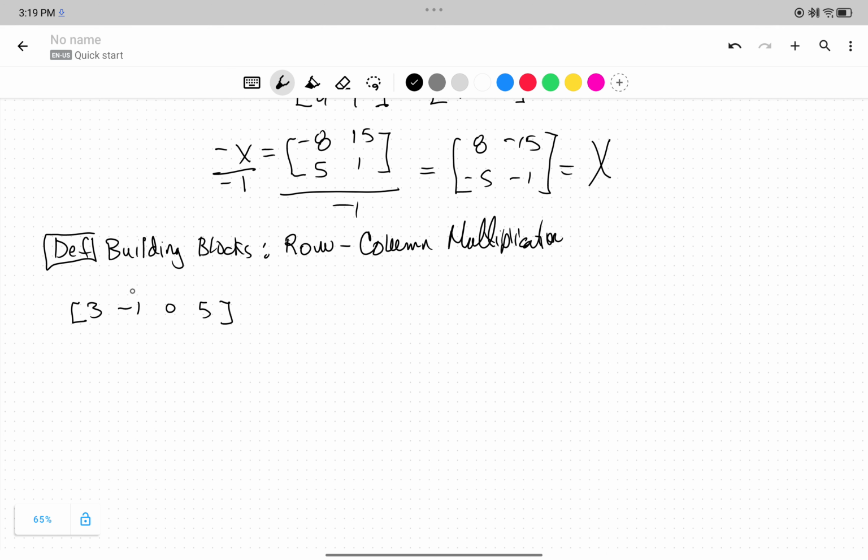So let's say that's my row matrix. And then we need a column matrix.